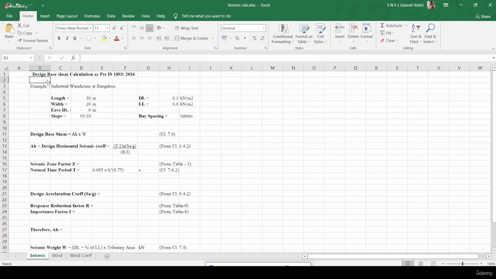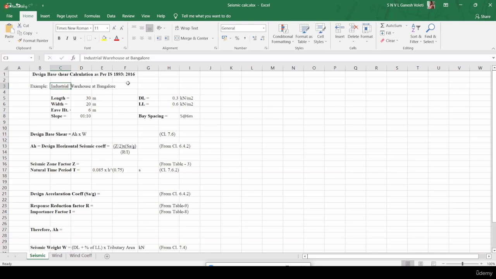Here I have prepared an Excel sheet by taking an example. First of all, let us take an industrial warehouse required by a customer in Bangalore city. Why am I using this example?